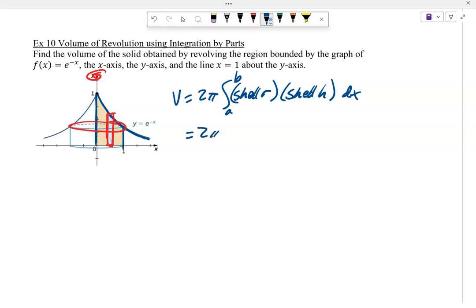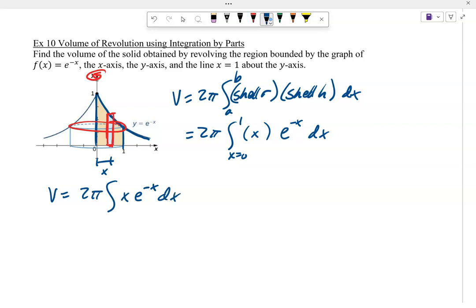So in this case, we've got 2 pi, going from an x value of 0 to an x value of 1. Our shell radius is just out x amount. And our height is the functional value, in this case e to the negative x. And so our volume is just 2 pi x e to the negative x dx from 0 to 1.